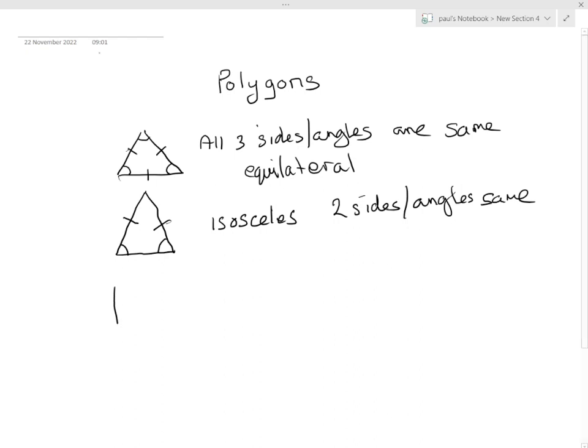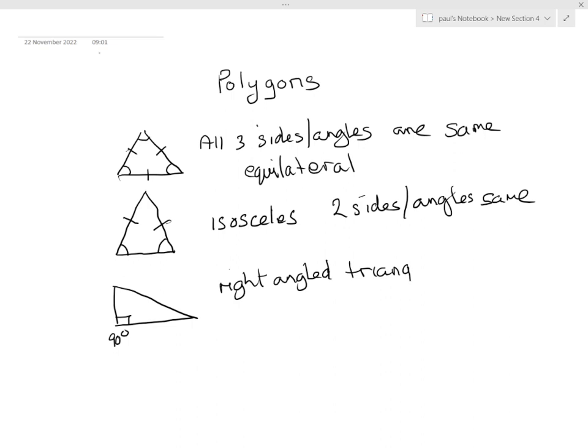There's another triangle like this, and this one has got a 90-degree angle in it, and it's called a right angled triangle.